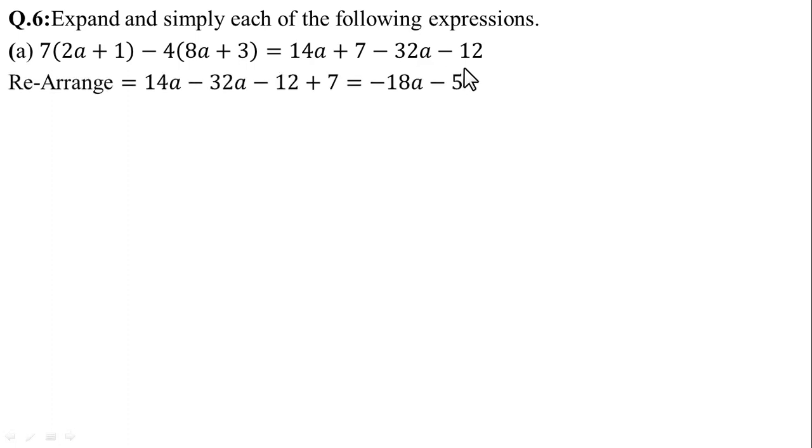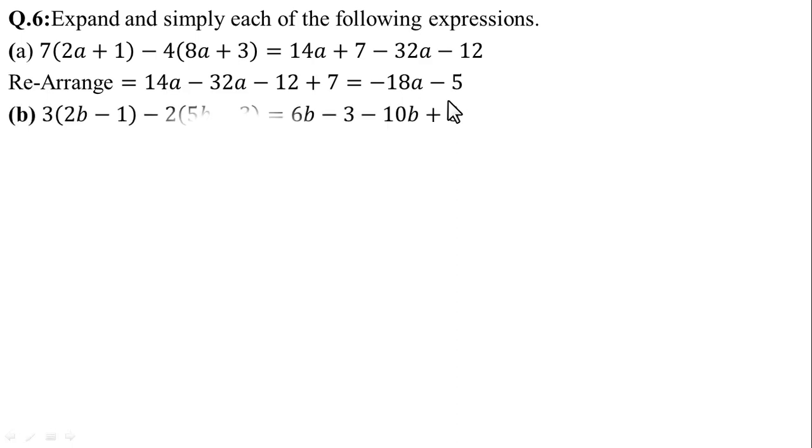Rearrange the values: 14a minus 32a is equal to minus 18a, and minus 12 plus 7 is equal to minus 5. So the answer of first part of question number 6 is minus 18a minus 5.